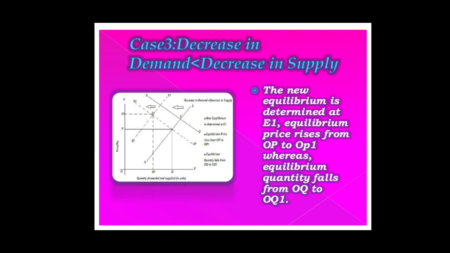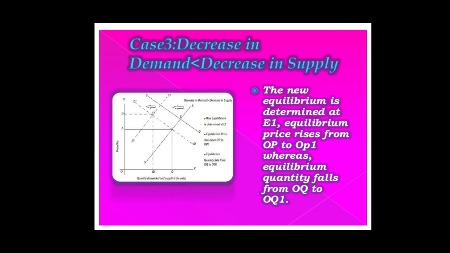Dear students, here we can see that due to decrease in demand, the demand curve shifts leftwards from DD to D1 and the supply curve also shifts leftwards from SS to S1.